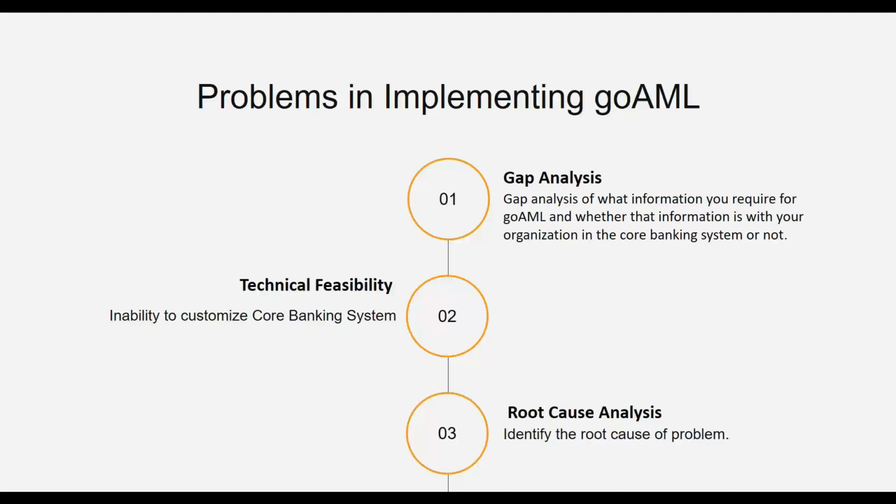Once you identify this problem, you need to solve these issues with the coordination of the operation department in order to provide them with rigorous training, developing different types of checklists regarding how to fill information in the system, or customizing the system itself to make it user-friendly. Even after this, if your staff make mistakes, then you need to set an example by taking disciplinary action to give a message to other staff that you have adopted a zero tolerance policy for goAML.